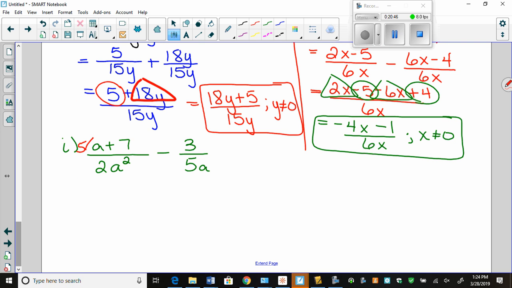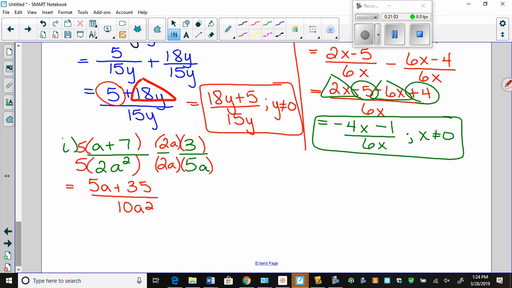So this one we need to multiply by a 5. So you guys can check your work. 2a. And so you're left with 5a plus 35 over 10a squared minus 6a over 10a squared. 5a plus 35 minus 6a over 10a squared.